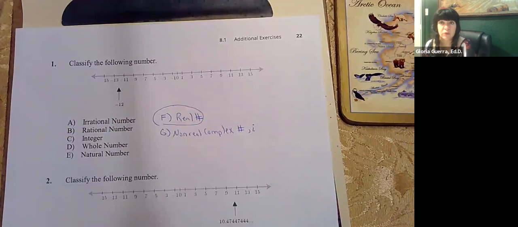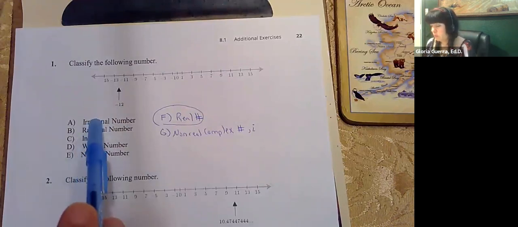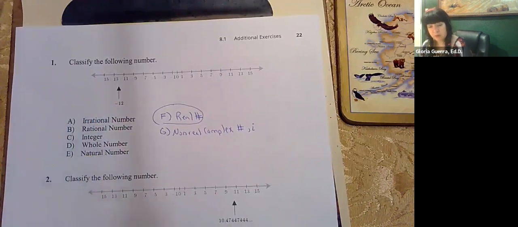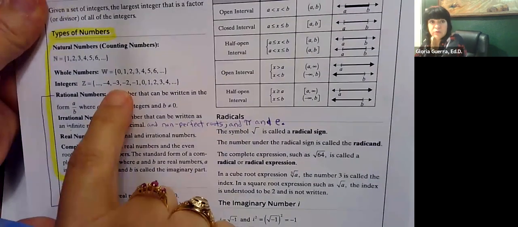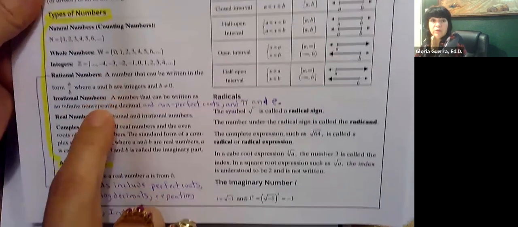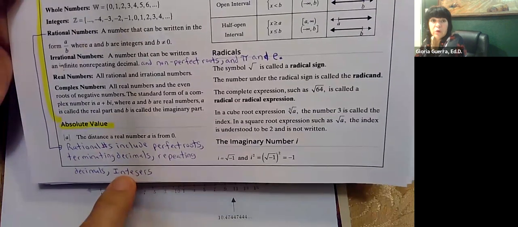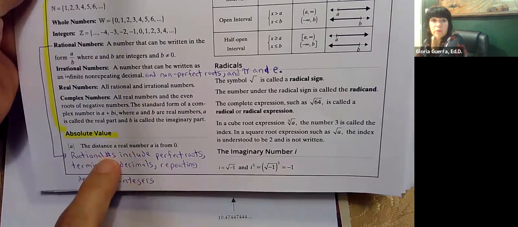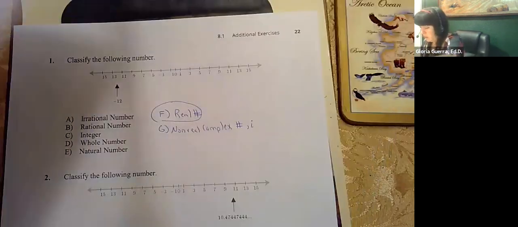But since it's real, now you have to continue and ask yourself, well, okay, is it irrational or is it rational? Okay. And we're going to say that because it's an integer, -12, you see, is an integer. So integers are rational numbers. Integers are rational numbers.